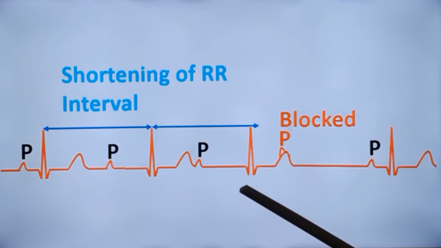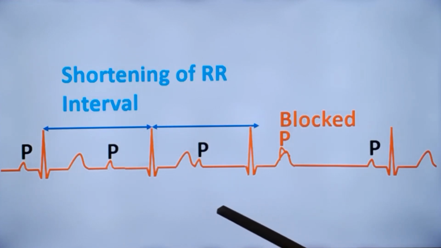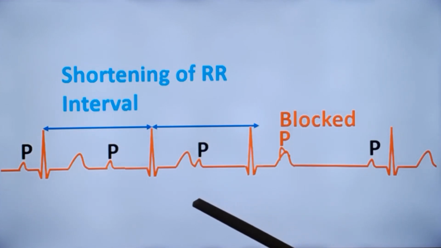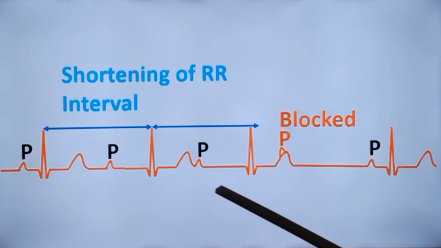So the highest ratio possible is 2:1. In 2:1, only half of the P waves are conducted. But then you will not be sure whether it is type 1 or type 2 second degree AV block, even though we say that the highest ratio, that is 50% non-conduction, is possible in 2:1 AV block.